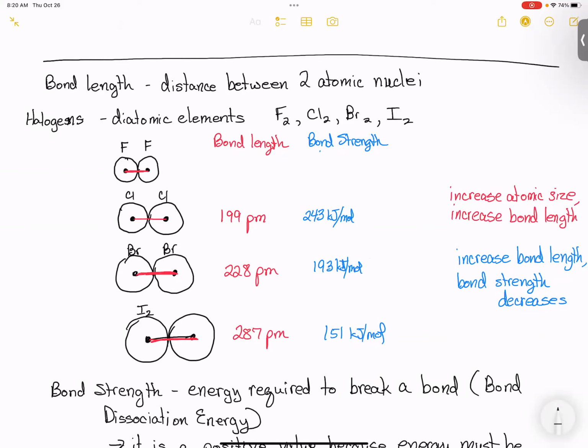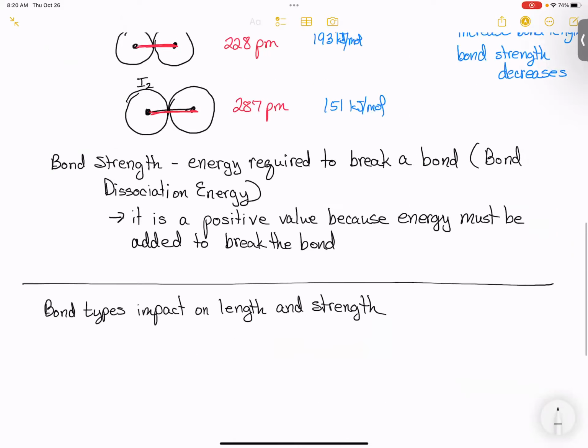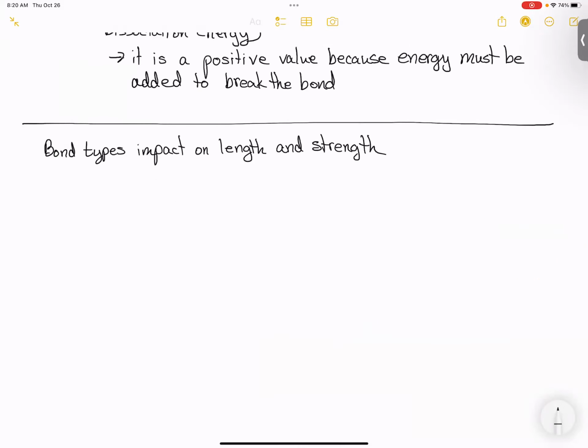Okay, let's look at the next type though. There's more to bonds than just a single bond. We also have double bonds and triple bonds. And it's easier to think about strength for these first, rather than length.